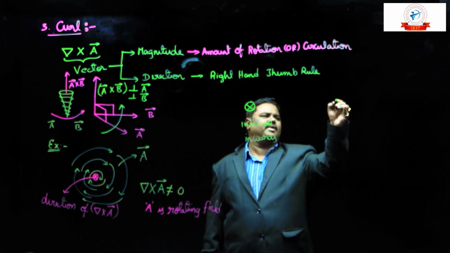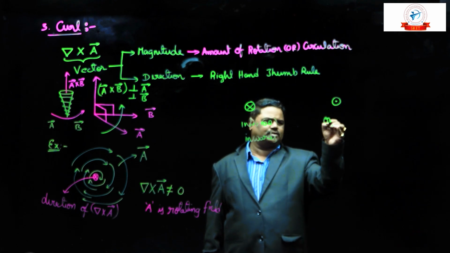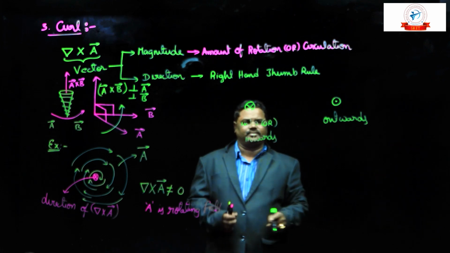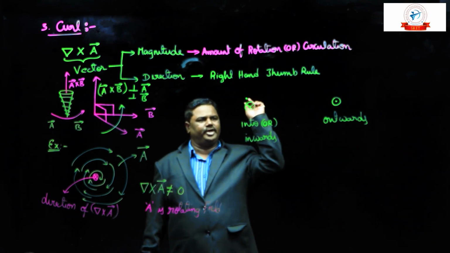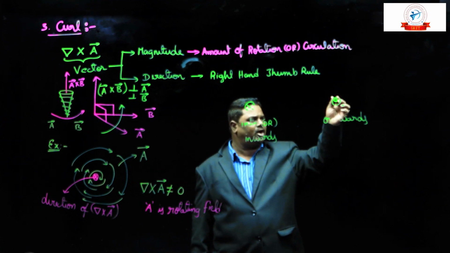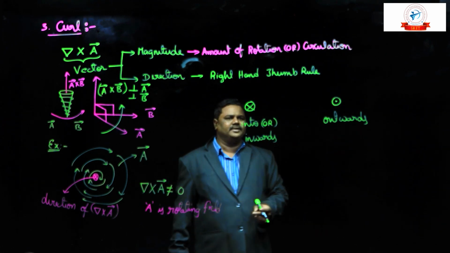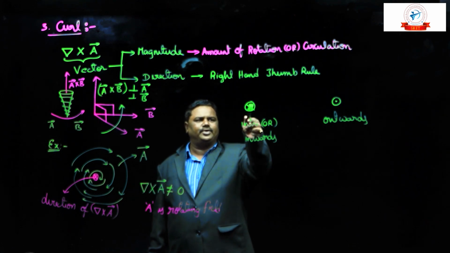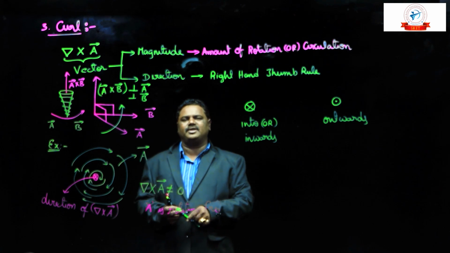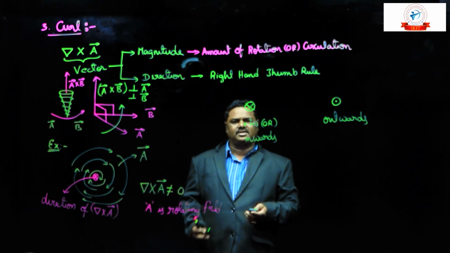Another symbol, a circle with a dot, is called outwards, meaning any quantity that is coming outwards the board or outwards the paper. So simply remember that the cross is into, and the dot is outwards. These are the symbols we use to represent the direction of any physical quantity or flux or field.